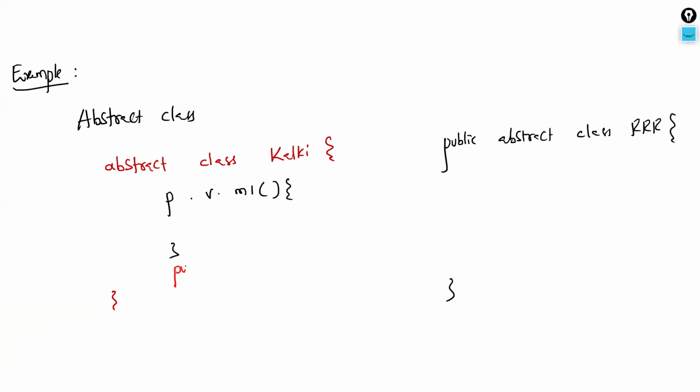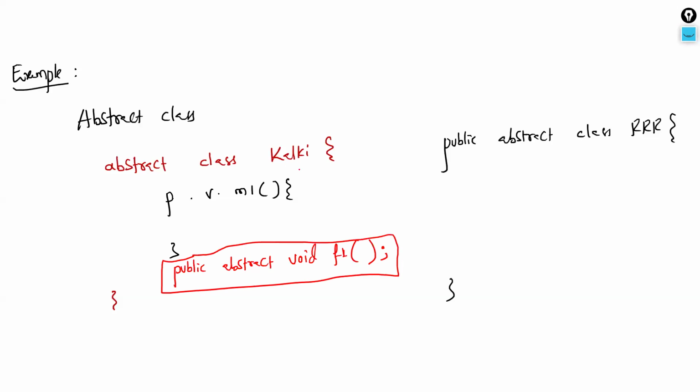Access modifier public, then the abstract keyword, then the return type, then the method name, then method inputs if required, then a semicolon. So this is one abstract method, no body. This is one concrete method. They both are in the same class. So this is an abstract class.